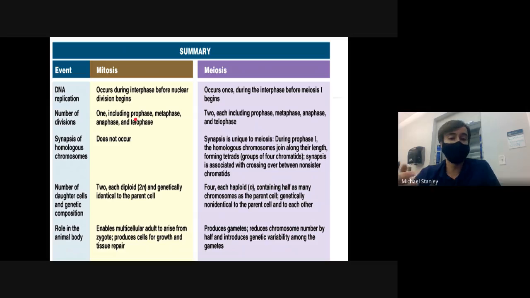We go through prophase, metaphase, anaphase, and telophase once. We replicate our DNA, we split the cell into two identical copies, and that's all she wrote. In meiosis, we go through two splits, two divisions. We go through the entire four steps two times.